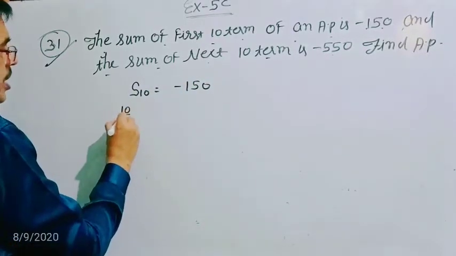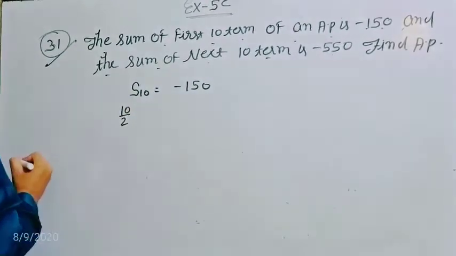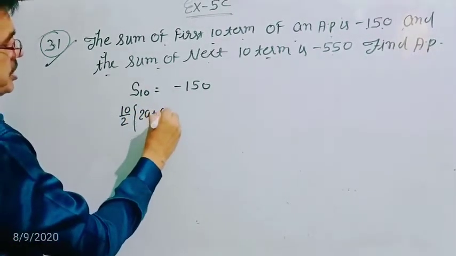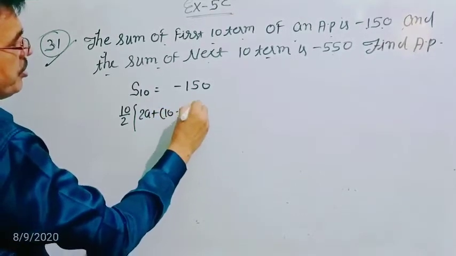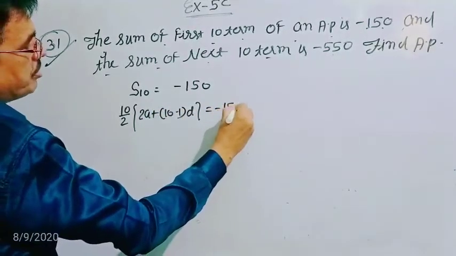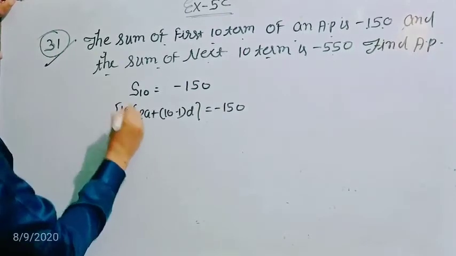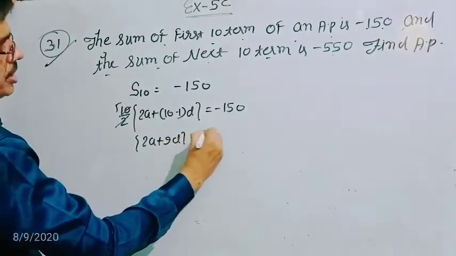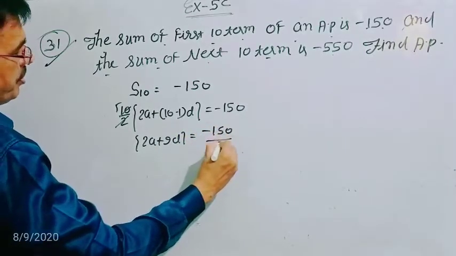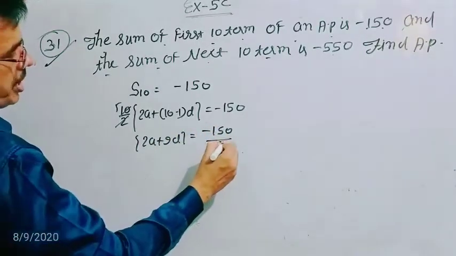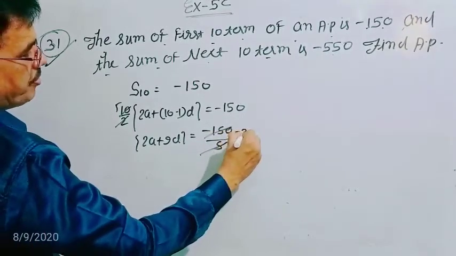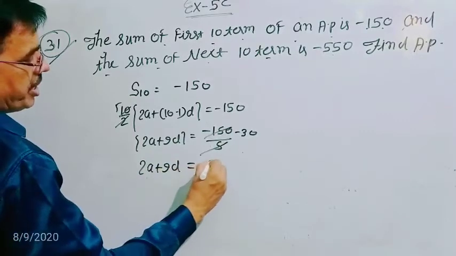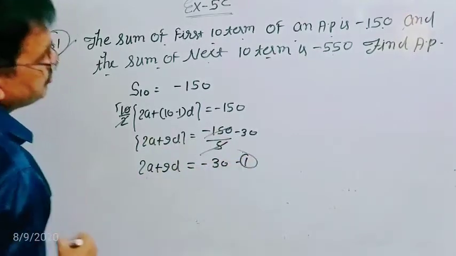Here n by 2, 2A plus (n minus 1) into D is equal to minus 150, so 5 times, then 2A plus 9D is equal to minus 150 by 5. That means 5 cancels, minus 30. So your first equation is 2A plus 9D is equal to minus 30.